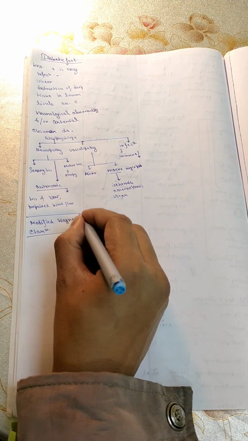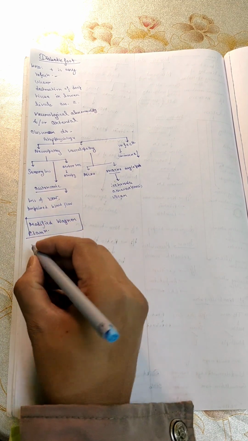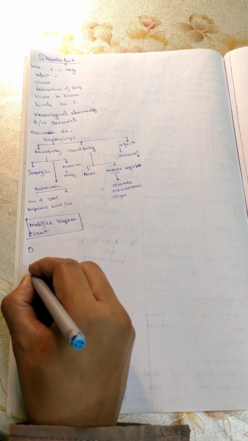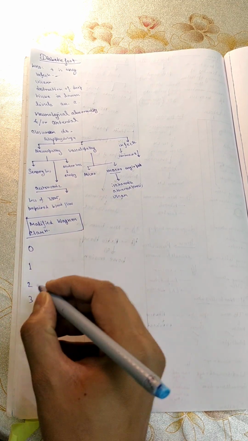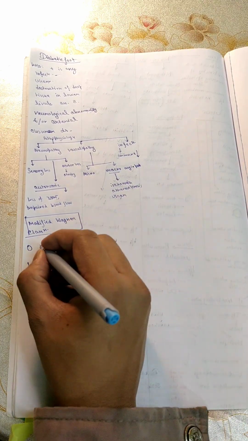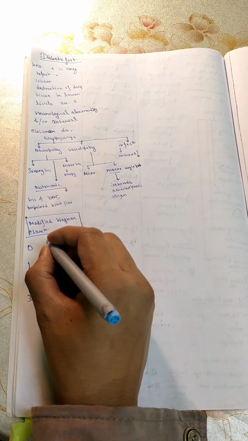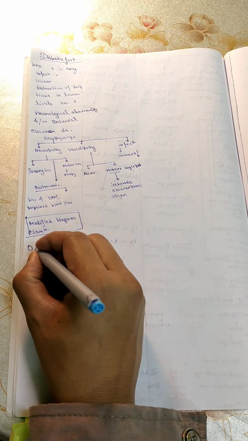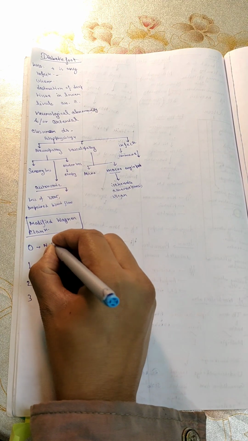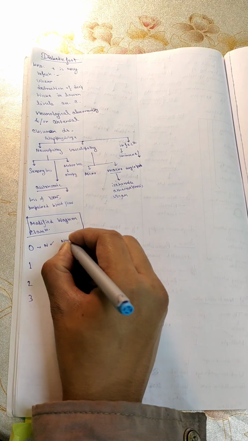So we have here four grades: 0, 1, 2, 3. Grade 0 is the at-risk foot, that is, neuropathy is present, but no ischemia.